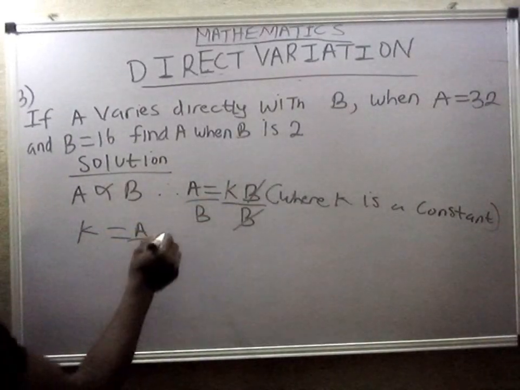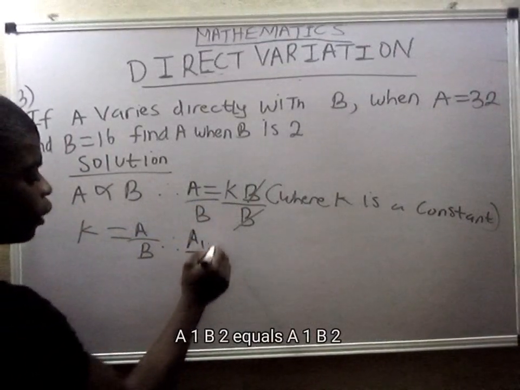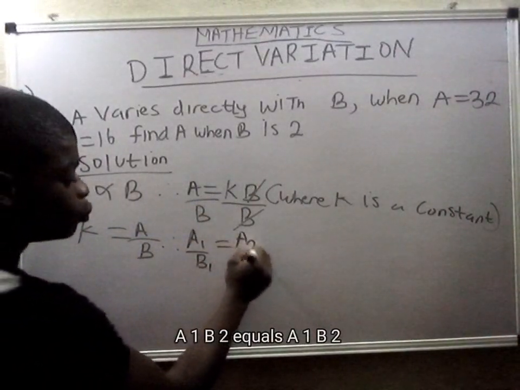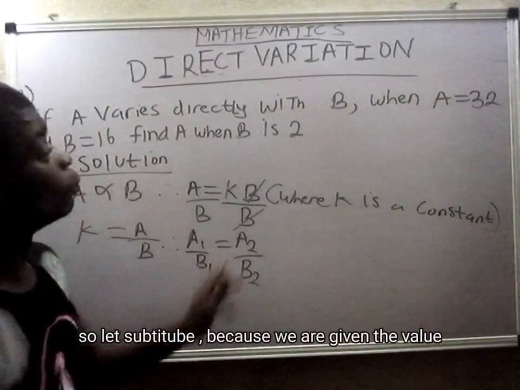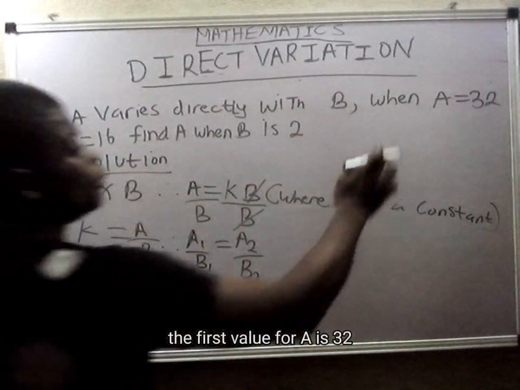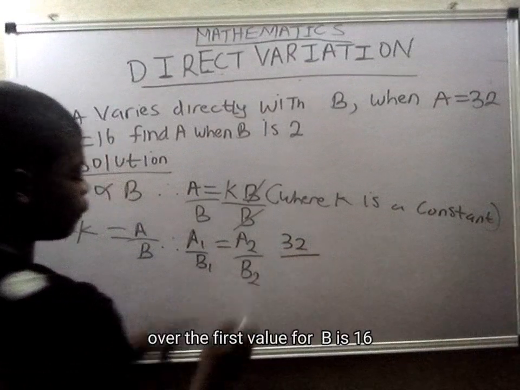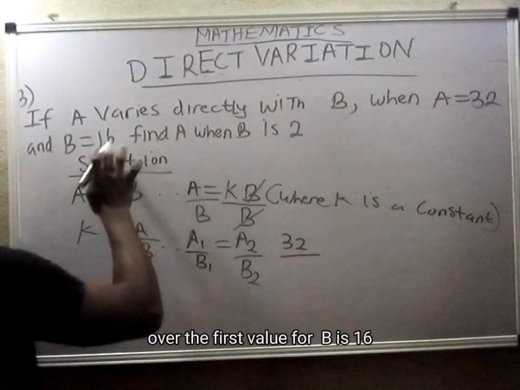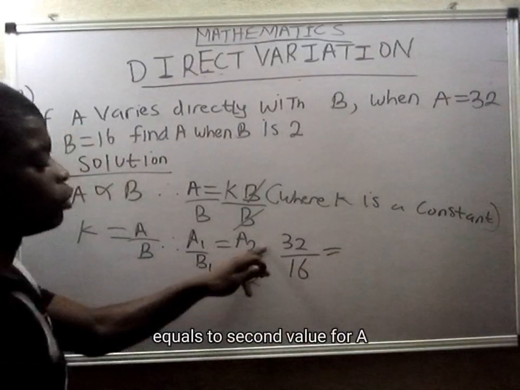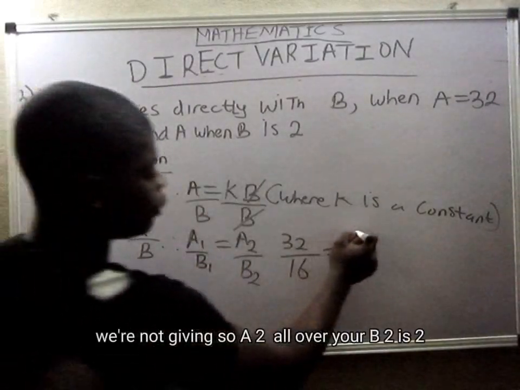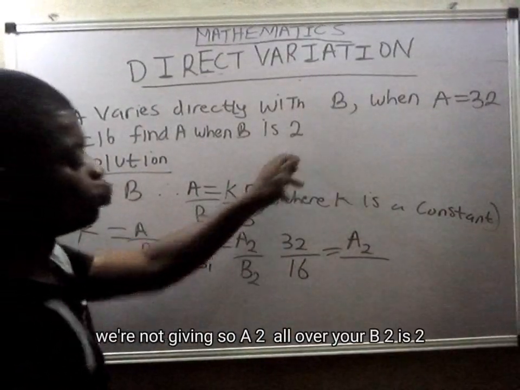So we'll say A1 over B1 equals A2 over B2. So let's substitute because we're given the values. The first value for A is 32, over the first value for B, which is 16, equals the second value for A, which we're not given. So A2, all over your B2, which is 2.